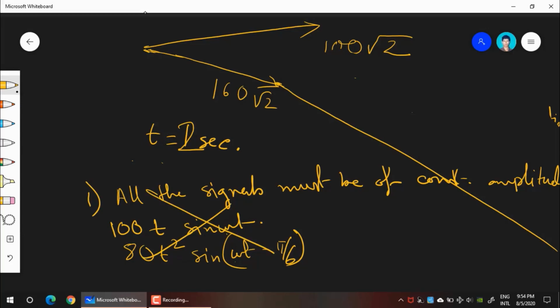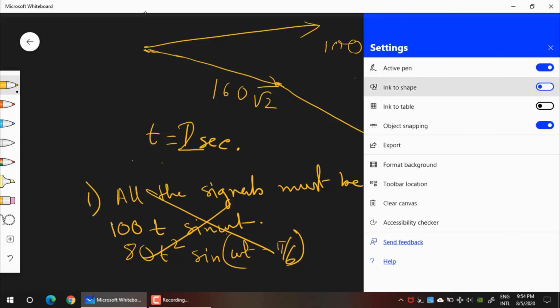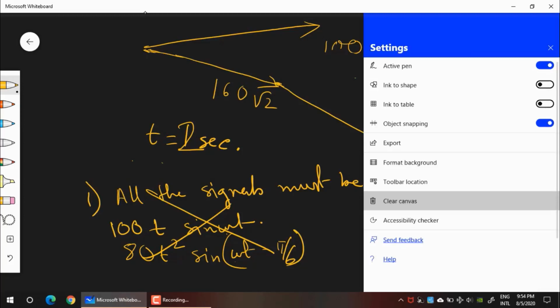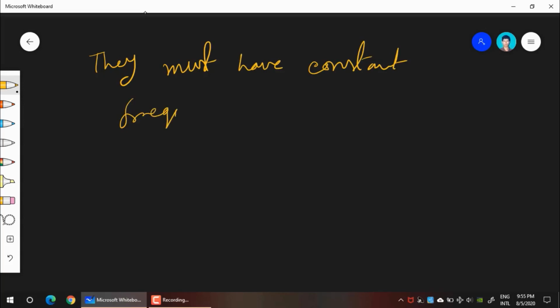Now the second part of this understanding is that not only constant amplitude, but they must have constant frequency.